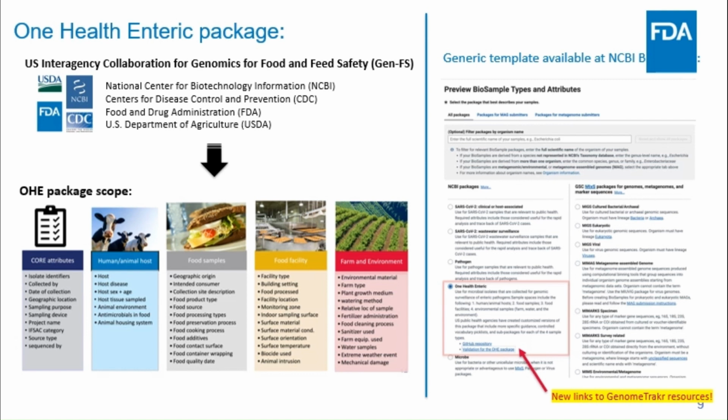And so there's how you describe the animal, how you describe where you took the sample in a man-built environment, the food production environment, as well as on the farm. And all of these are available on the web. These are integrated through NCBI and their BioSample as well as FDA.